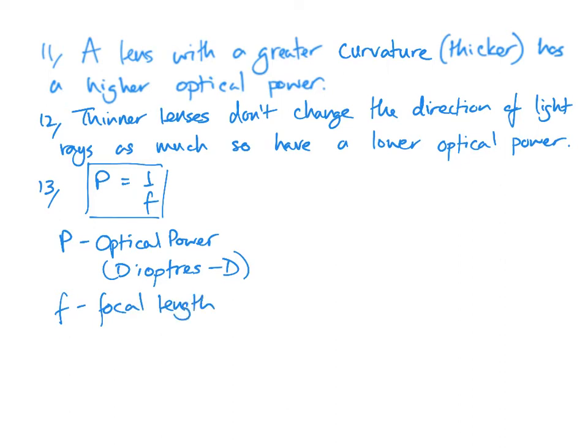F is the focal length, but it's got to be in meters. So you'll see when we do the worked examples, we'll do some conversion. If you've got it in centimeters, it's got to be converted to meters. It's a 1 at the top. Right. So P equals 1 over F. It's called the inverse.